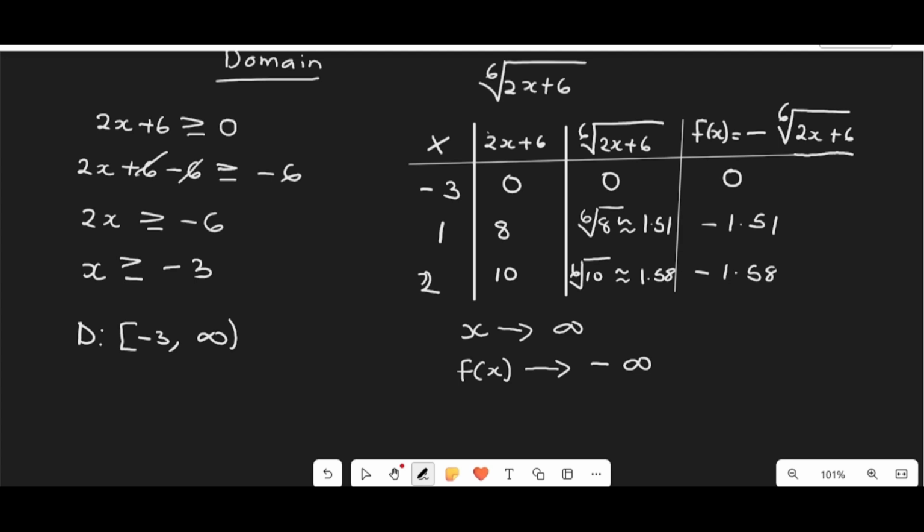So our range is (negative infinity, 0], with a square bracket because 0 is inclusive.